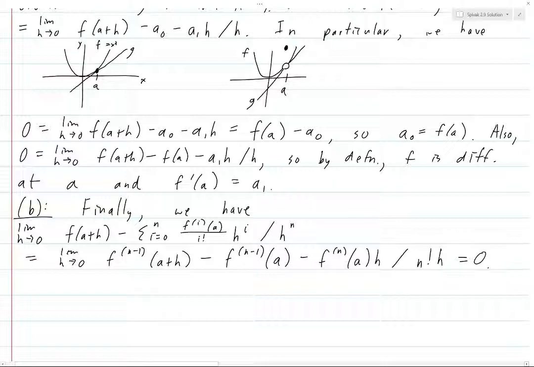And by the way, note here that f needs to have derivatives 1 through n at a, because first of all, the sum of the ith derivative of f at a for i equals 0 to n isn't even defined unless f is n times differentiable at a.